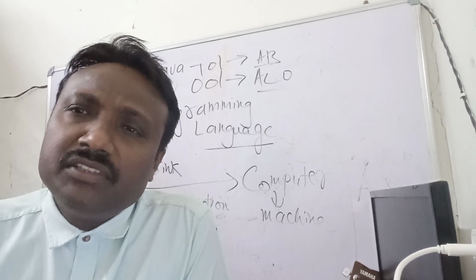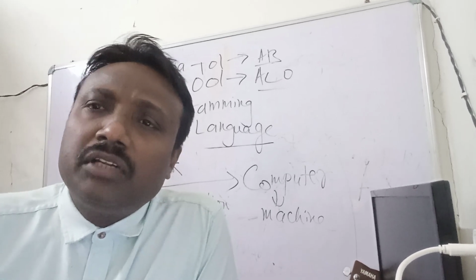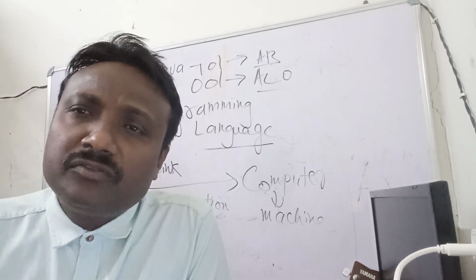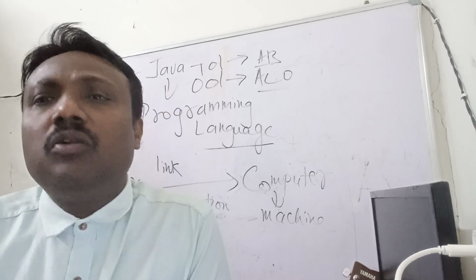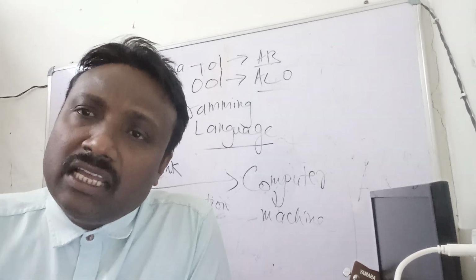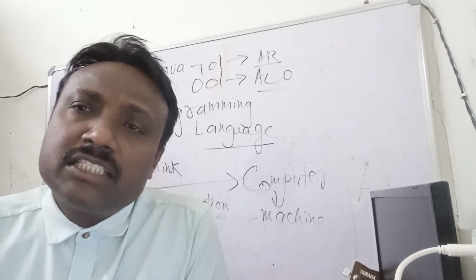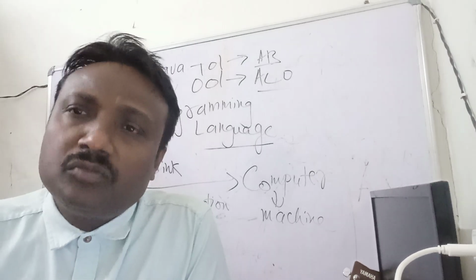Because these high level languages were easier to write and machine independent. It means that instructions written for Dell computers can run on IBM computers as well, or on HP computers as well. This led to the widespread popularity of high level languages, and Java is one such language.